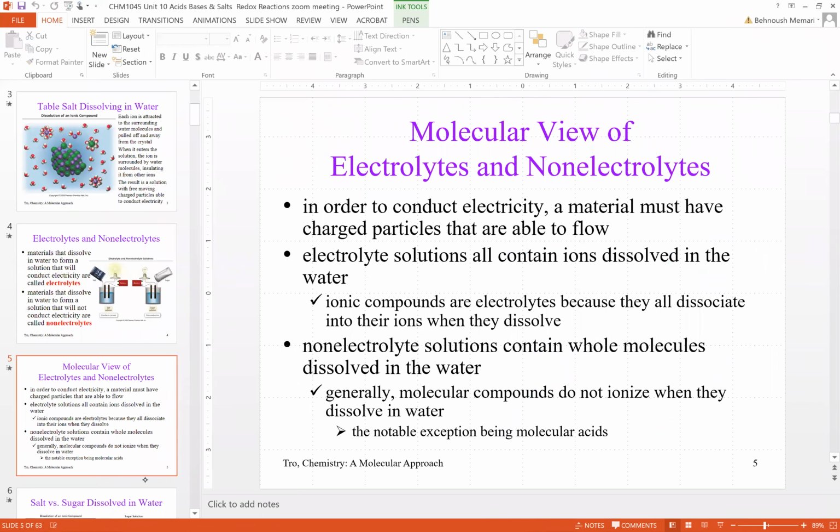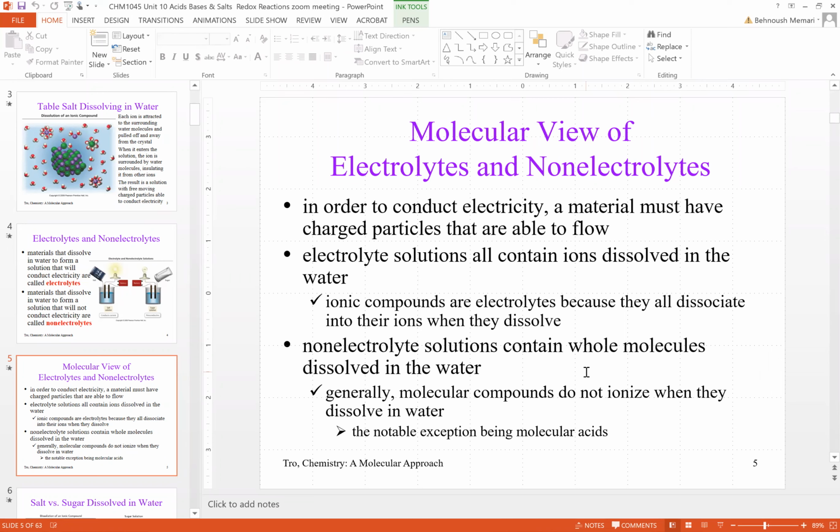Okay. So ionic compounds, they are electrolytes because they dissociate when they dissolve in water, and then non-electrolytes are going to stay as the whole molecule, and since it stays as a whole molecule, it does not generate ions.